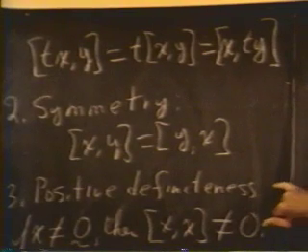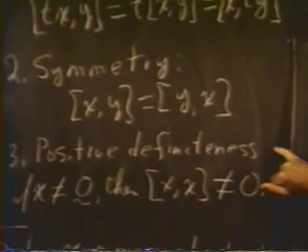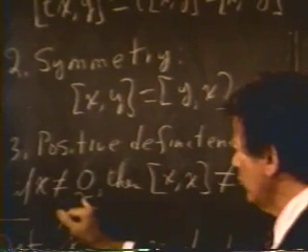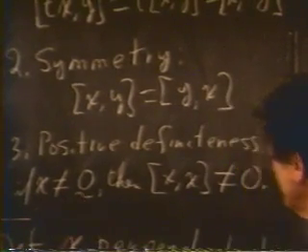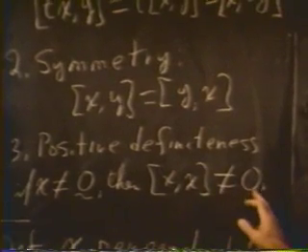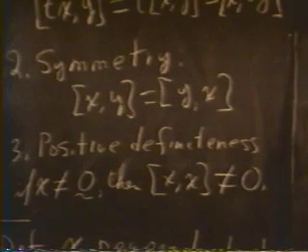And the important property, finally, of the scalar product being positive definite: if a vector is not equal to the zero vector, then the scalar product of x with itself must not be equal to the real number 0.